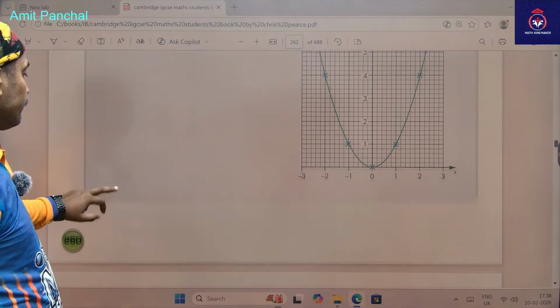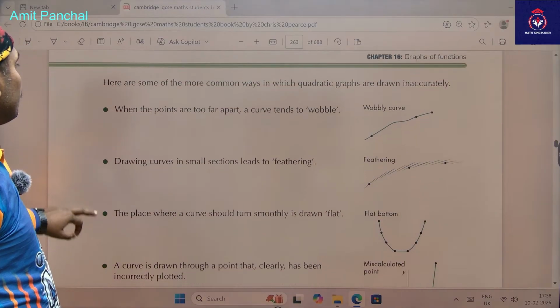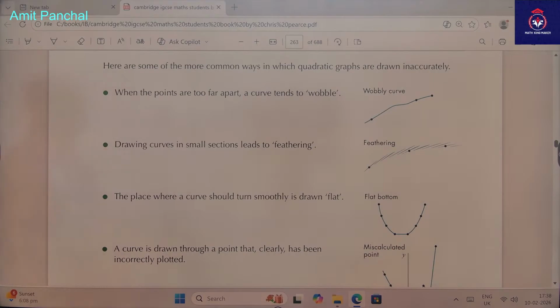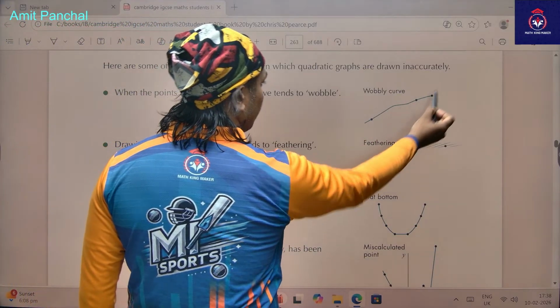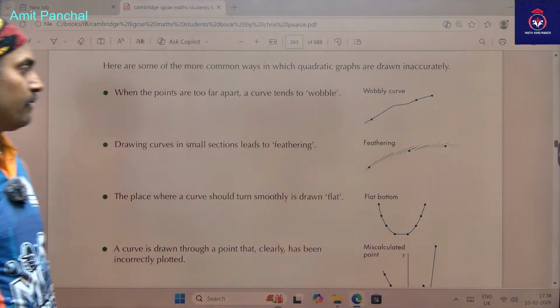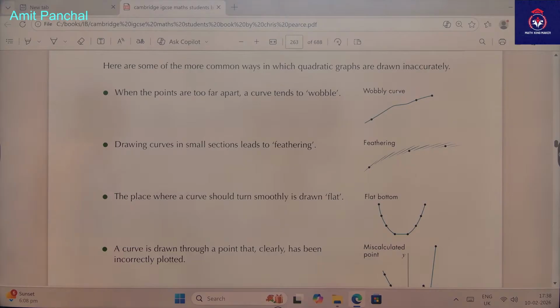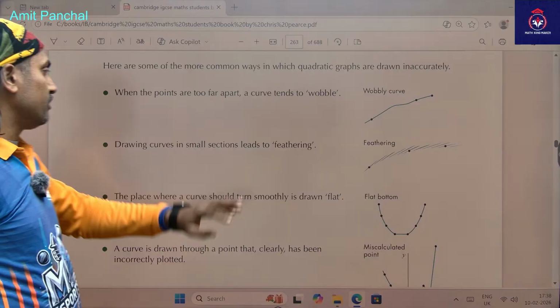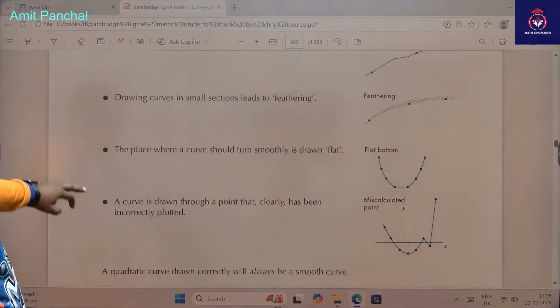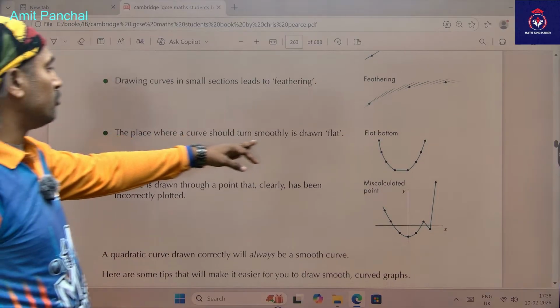Okay. Yes, sir. So here are some of the more common ways in which quadratic graphs are drawn inaccurately. It can be accurate if you draw it like this by your hand. Okay. So it can't be accurate, and a small section leads to feathering. That is also possible. Where a curve should turn smoothly is drawn flat.